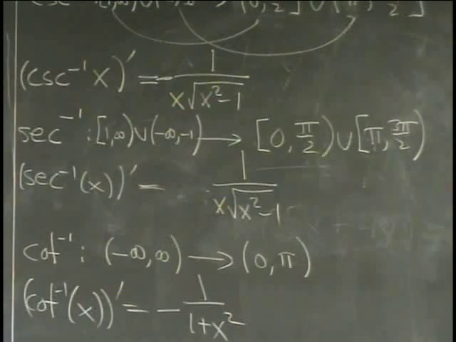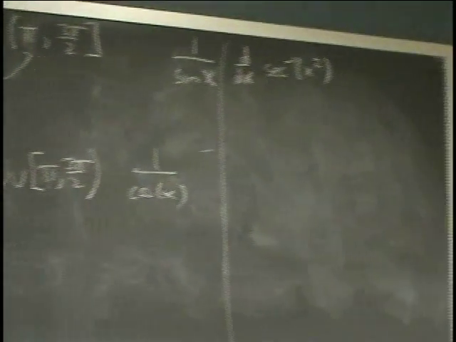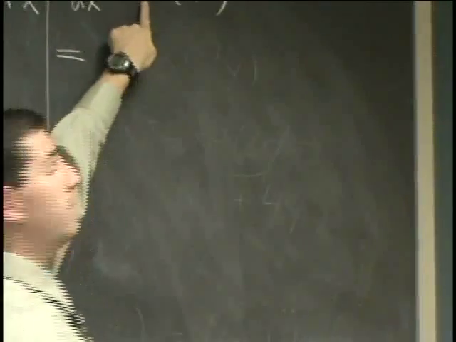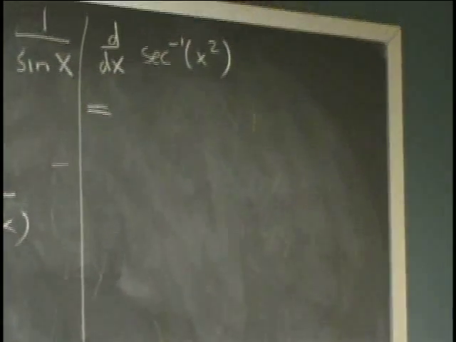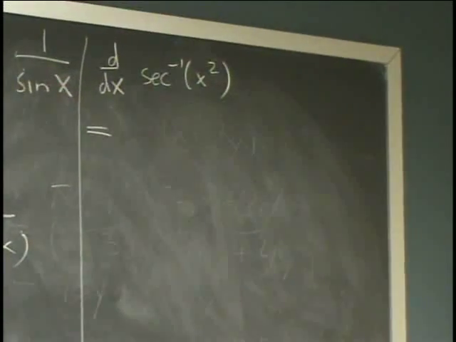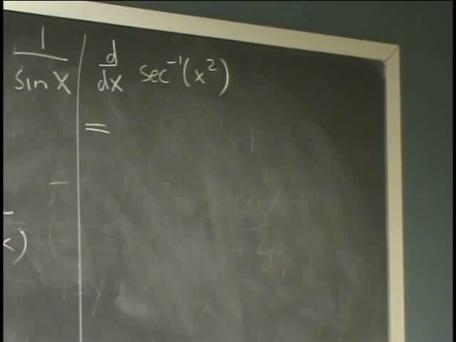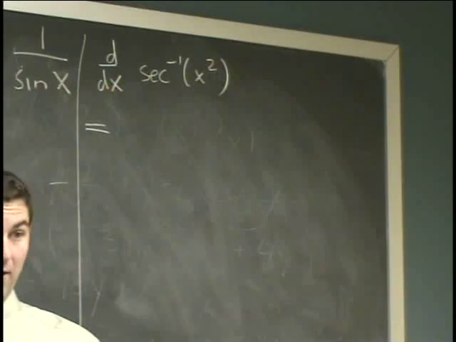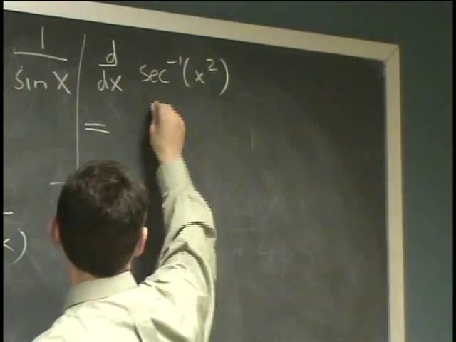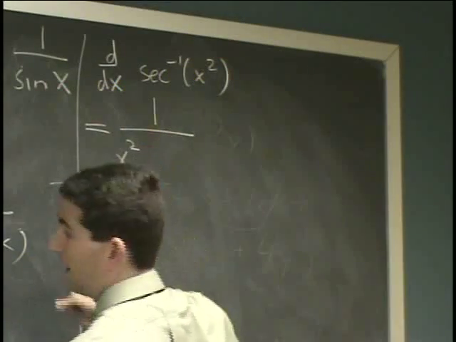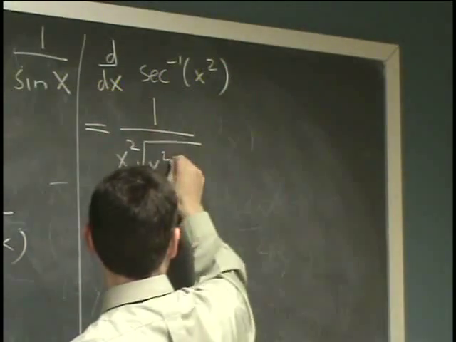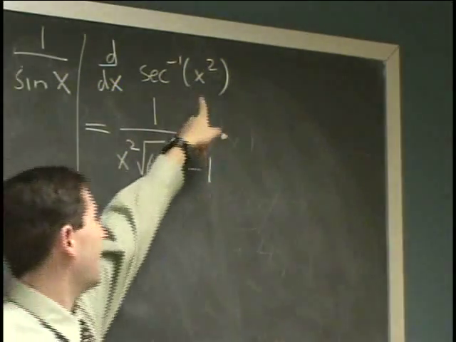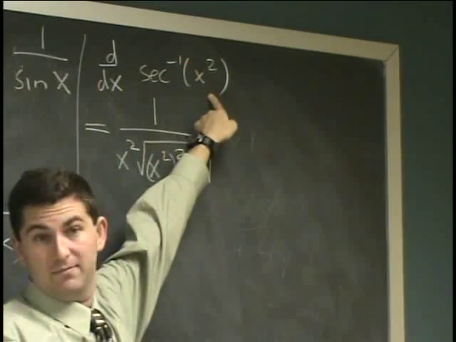What rule will we have to use on this? The chain rule, because we have a function of a function. So the outer function is arcsecant, and the derivative of arcsecant is 1 over x root x squared minus 1. But we have to evaluate it at x squared, so everywhere we see an x, we have to put an x squared. So this becomes 1 over x squared, square root of x squared squared minus 1, times the derivative of x squared, which is 2x.